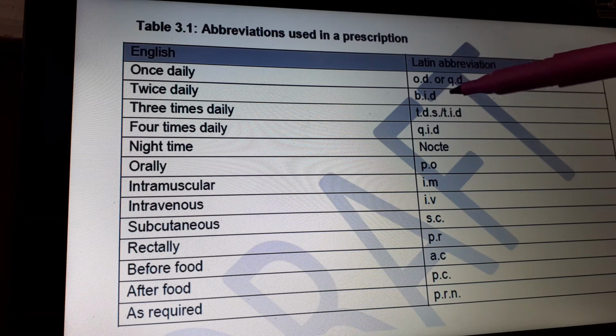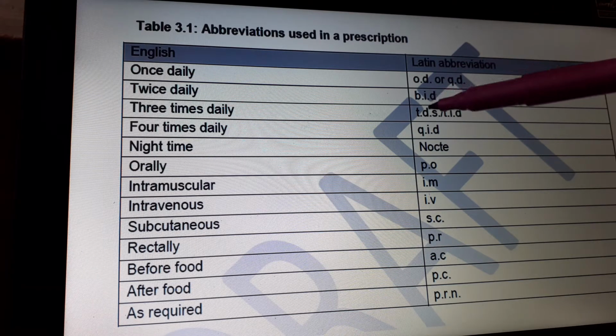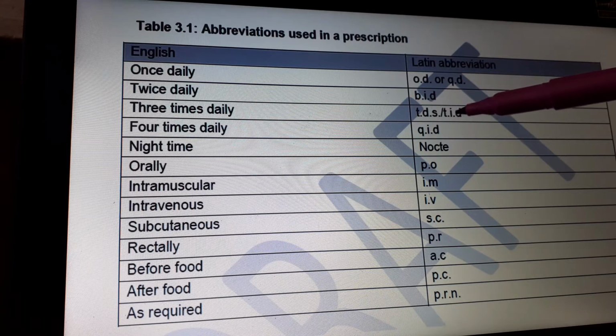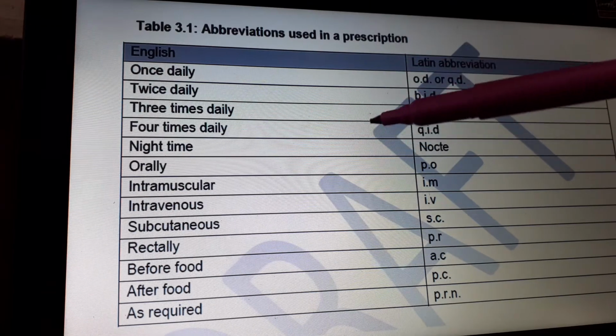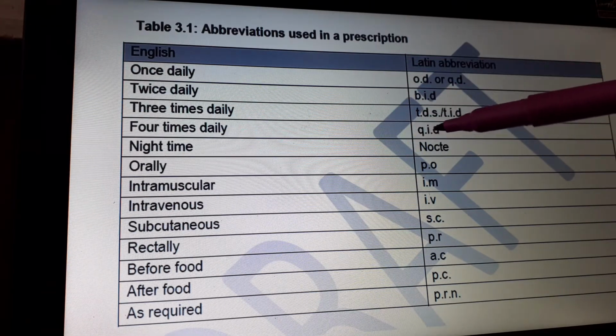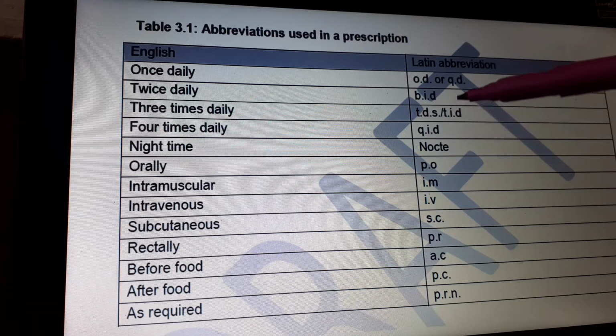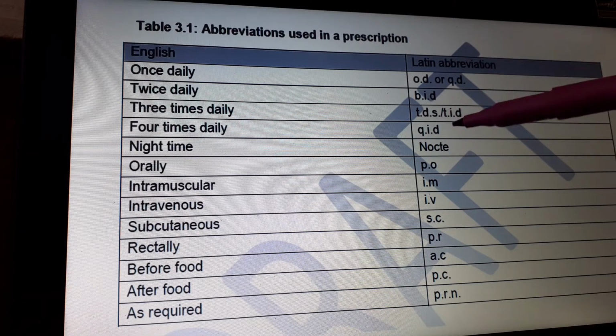BID means twice a day, 2 times a day. TDS or TID is 3 times a day, or every 8 hours, because a day has 24 hours. If you divide by 3, you get 8 hours at the interval of 8 hours. 4 times daily is indicated by the abbreviation QID or QD, which means every 6 hours, at the interval of 6 hours.